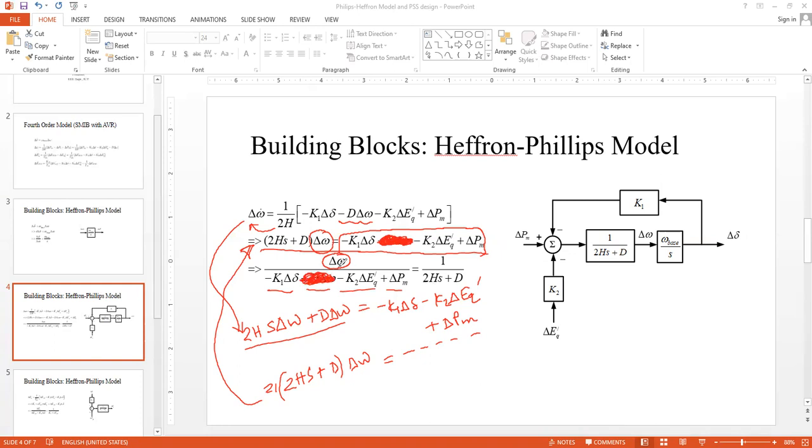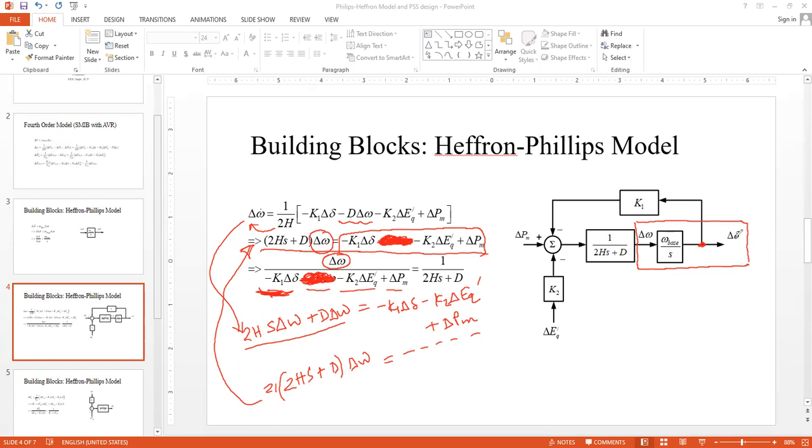So we have del omega divided by minus k1 del delta minus k2 del eq prime plus del pm. You have a summing junction here with three components. One component is minus k1 del delta. This block was already drawn in the previous slide, which was the relation between del delta and del omega, where del omega was the input and the block was omega base over s.